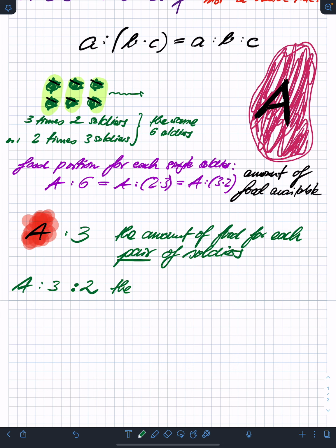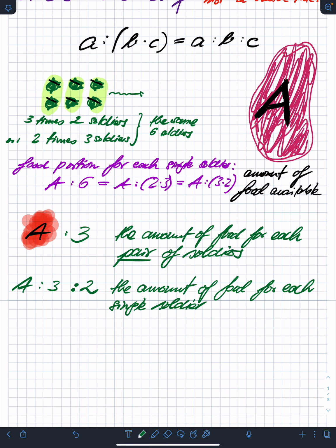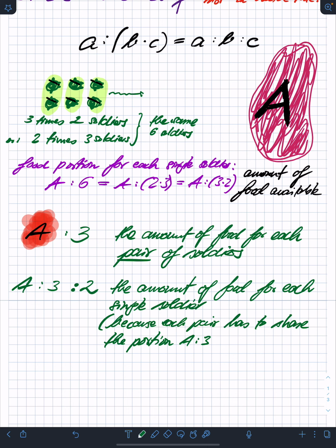That would be the amount of food for each single soldier, because each pair has to share the portion A divided by 3.